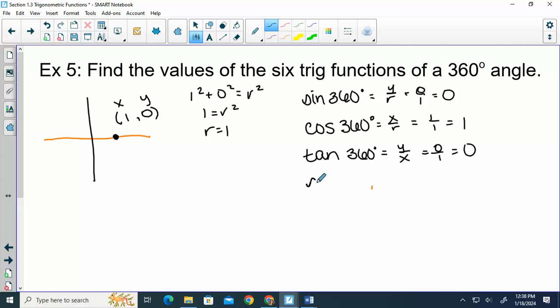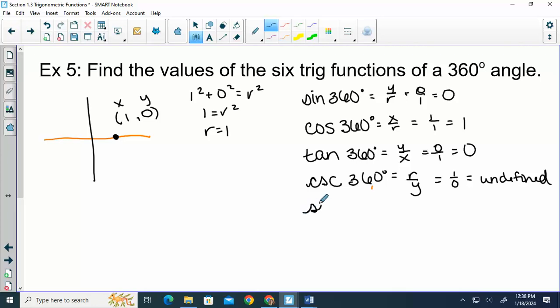Now if we do the reciprocals, cosecant is undefined, that's the reciprocal of sine, 1 over 0, undefined. You could put the empty set symbol, but in trig, we usually write the word undefined, just a notation thing. It doesn't really matter. I won't count it wrong, but we're going to see the word undefined most of the time.